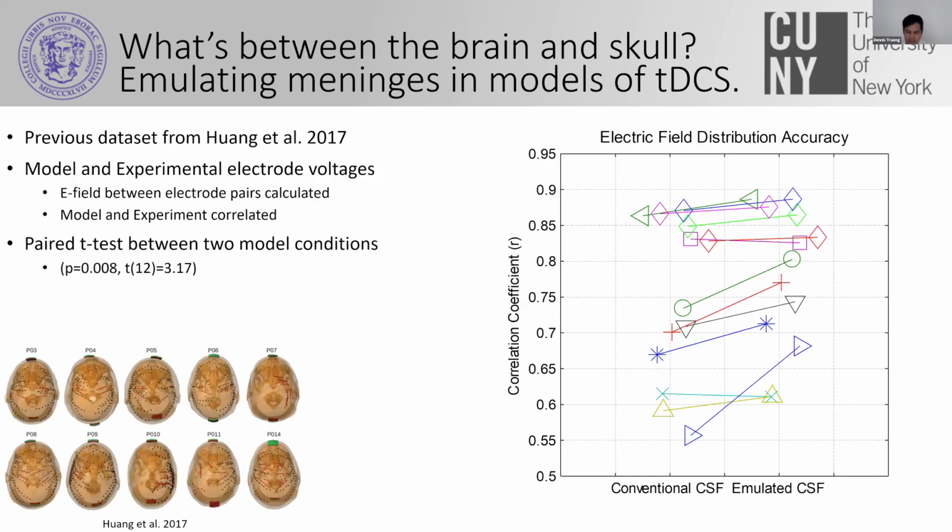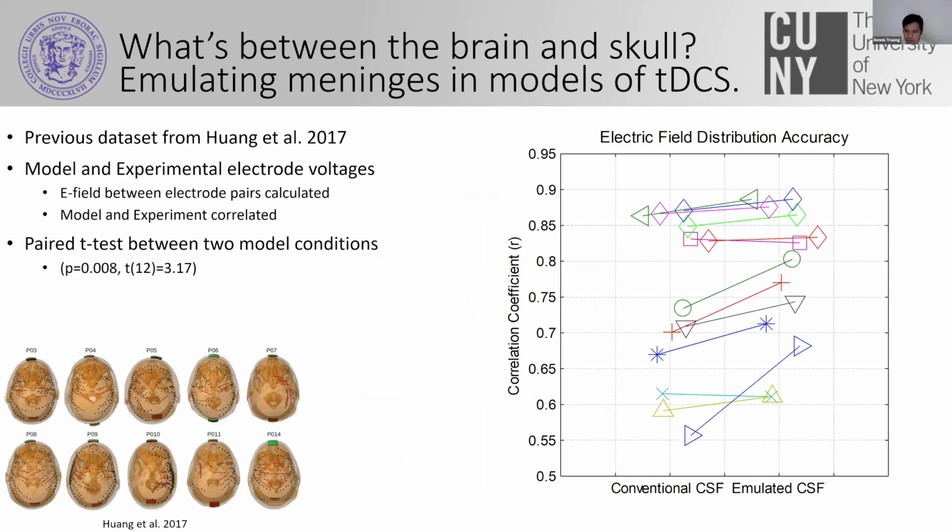To go a step further, there was a validation study that Andy published back in 2017. So to test the effect of the emulated CSF value, we tried applying that CSF value to his data set.